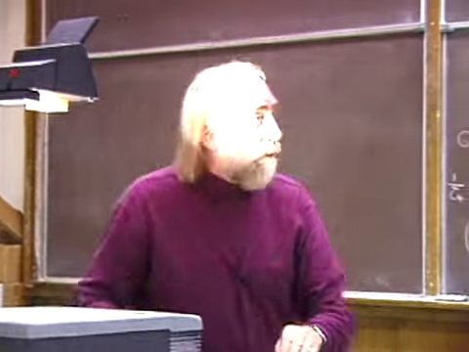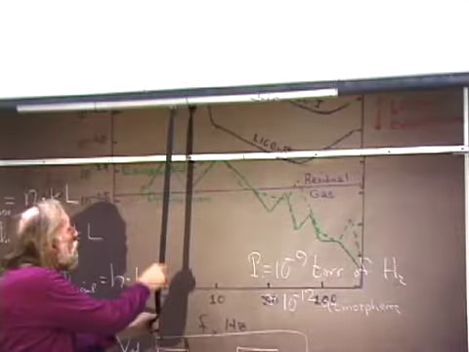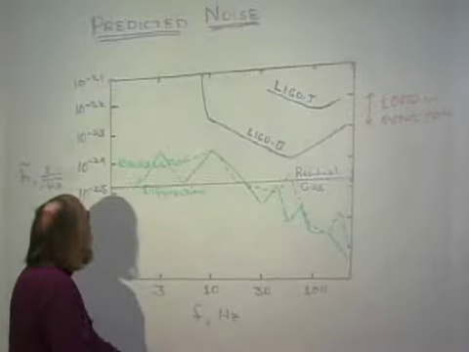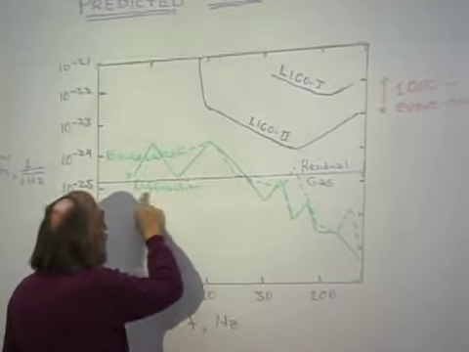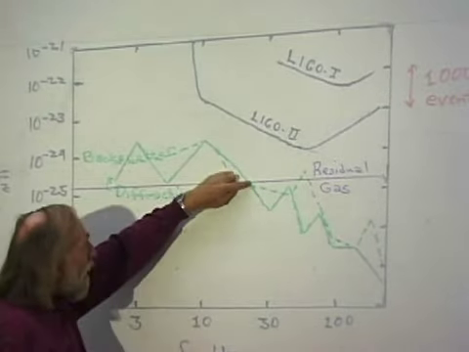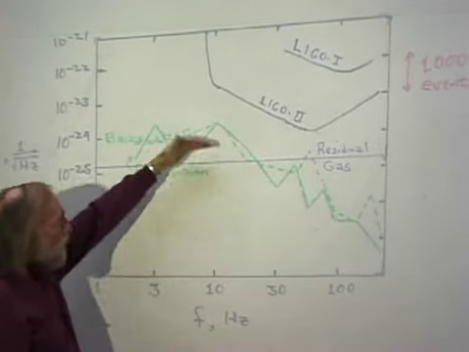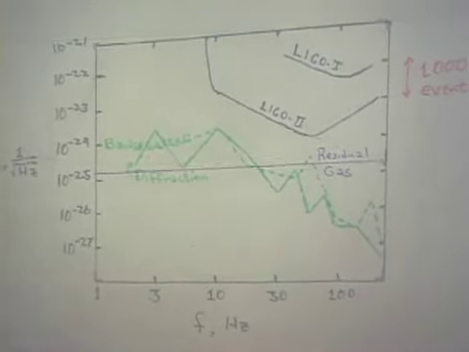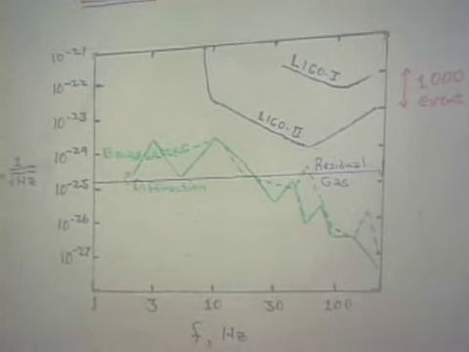So we have the light scattering noise, we have the residual gas noise, and the residual gas noise dominates over the light scattering noise above about 10 hertz when you take account of the improved reflectivities of the mirrors for light scattering.